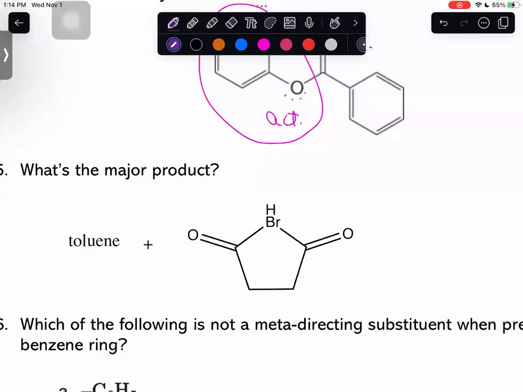She wants to guess the first step. What do you think is gonna happen? Okay, what chapter is this? 15 or 16? Okay, 15. How does toluene look?